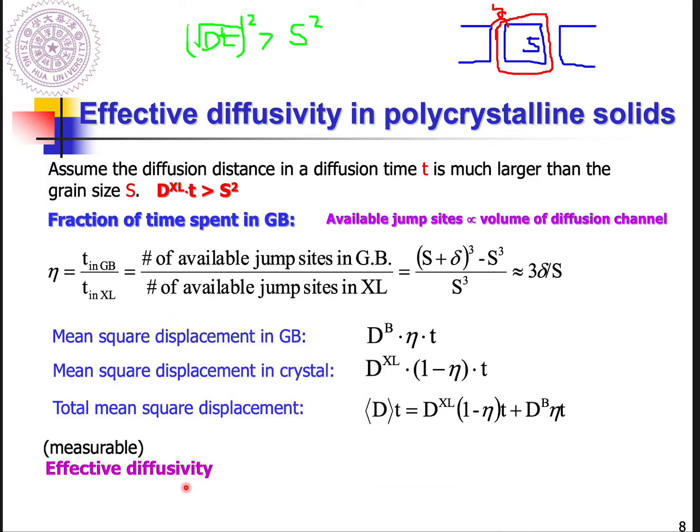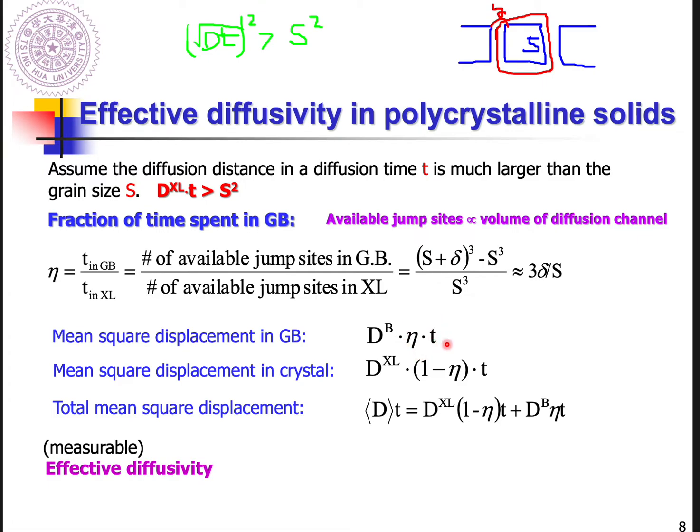Next we are going to get the effective diffusivity. We need to sum the contributions from the grain boundary and the grain, summing the total mean square displacement. In the grain boundary, it will be the diffusivity D_B times the real time the atom spends in the grain boundary.